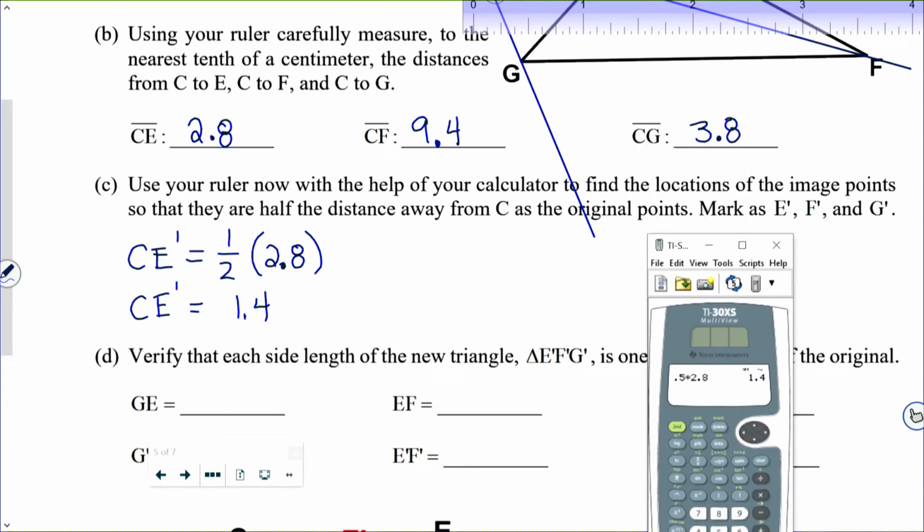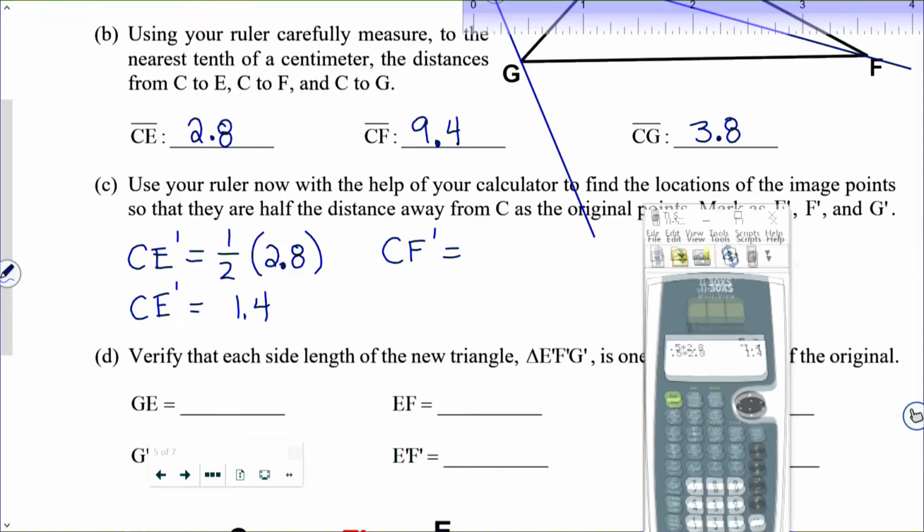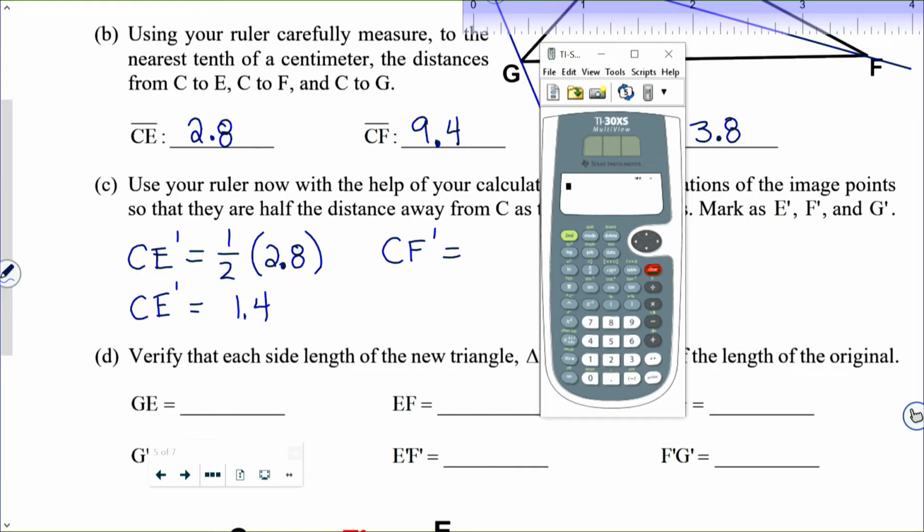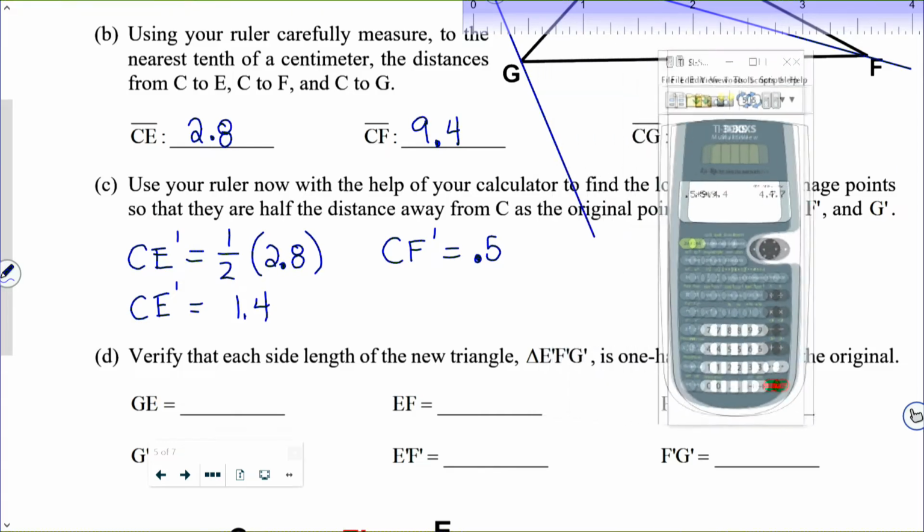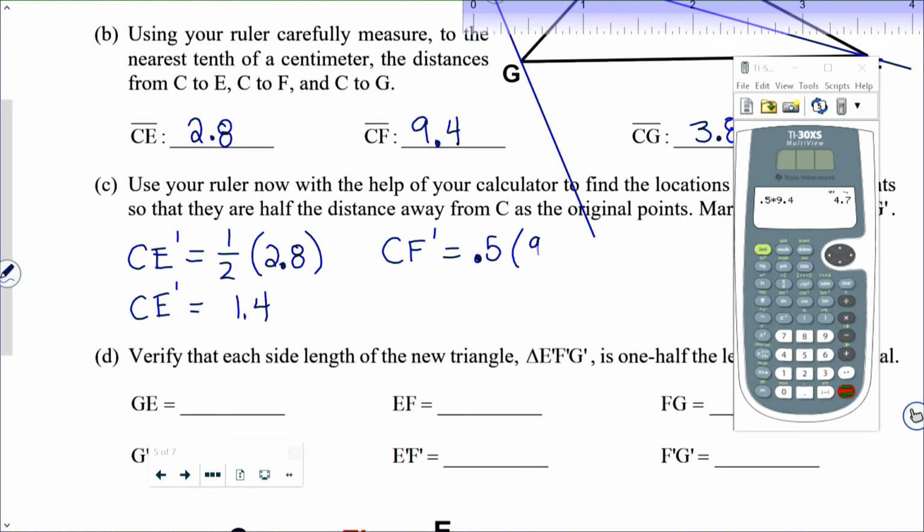Likewise, we know that CF prime will have to be 0.5 times 9.4. Let me write that step down, 0.5 times 9.4.